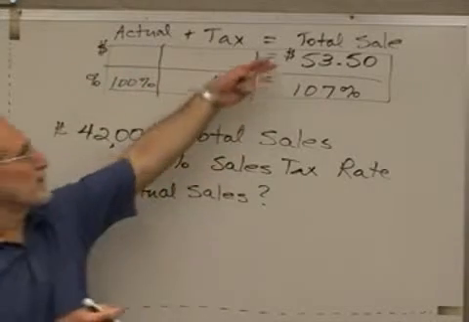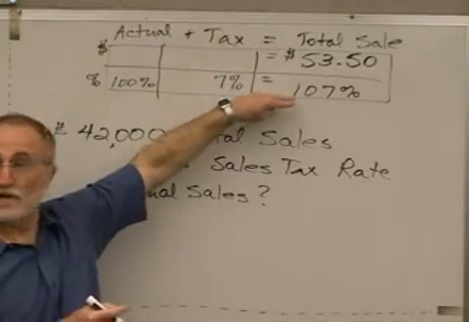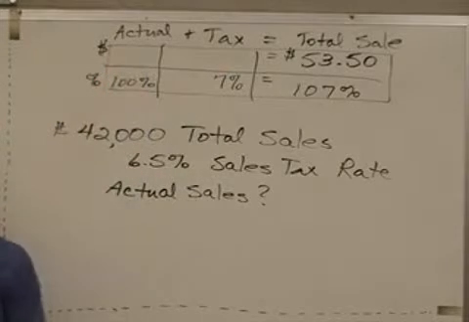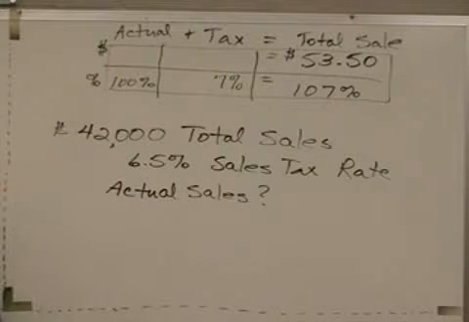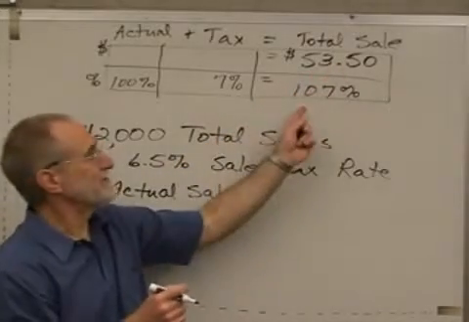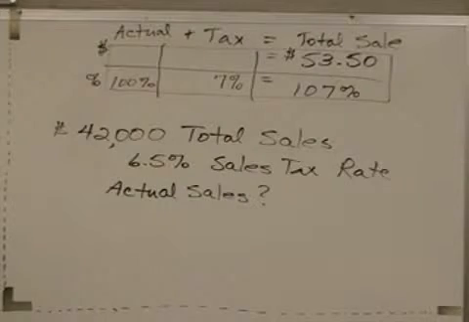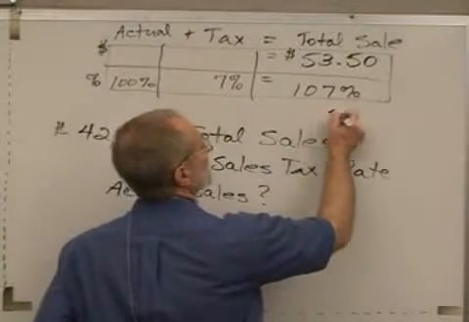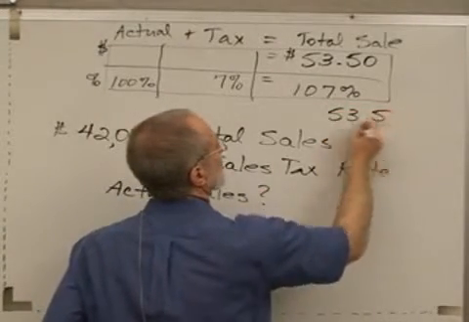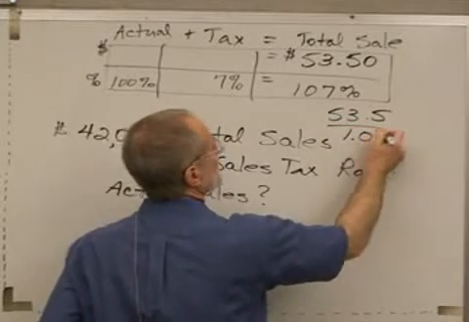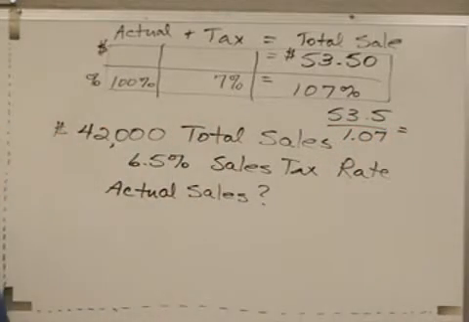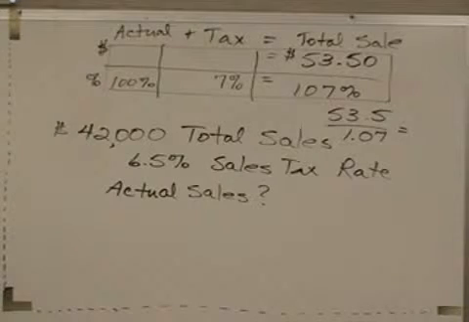Any top number in the grid divided by the percent below it always gives us the base. So the only way we can get this answer right is to take 53.50 and divide it by 107%, or 1.07. So everybody punch in 53.5 divided by 107%, or 1.07. Does that give us the $50?